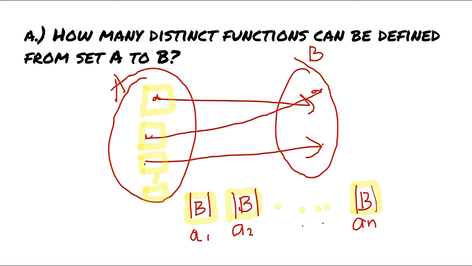Applying the product rule in counting principle, we have the cardinality of B raised to n.